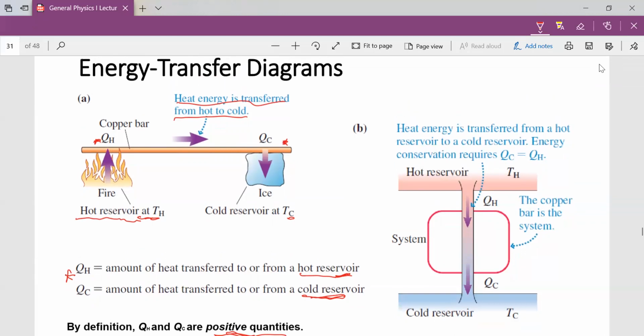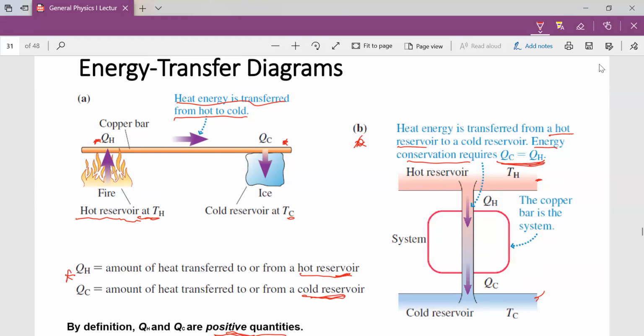They are positive quantities. All right, so we'll look at also the scenario in B, where the heat energy is transferred from the hot reservoir with a connecting pipe. You see the connecting tube serving as a system of exchange, moving down to the cold part. Now this movement exchange between the hot and the cold brings about a balance, because it will keep exchanging heat with each other until the two of them will have the same temperature.